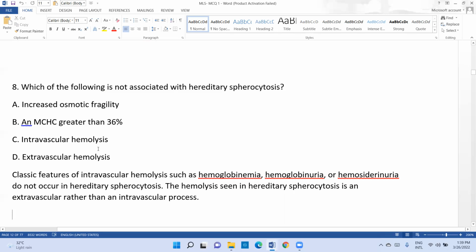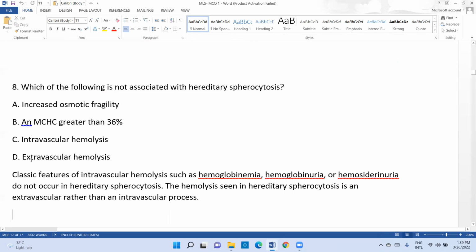Intravascular and extravascular. In hereditary spherocytosis, we know spleen removes the red cells. So spleen removing means extravascular hemolysis. The red cells are removed by the spleen before their normal lifespan. Normal lifespan is 120 days. Before that, the spleen removes red cells. That is called extravascular hemolysis.